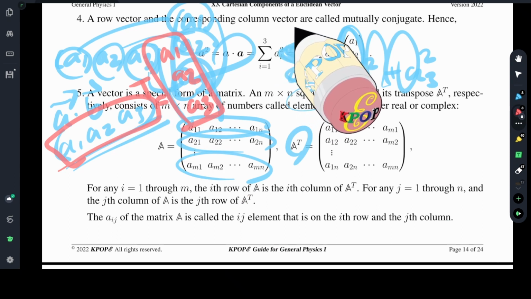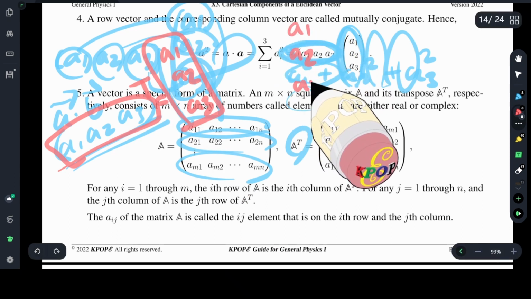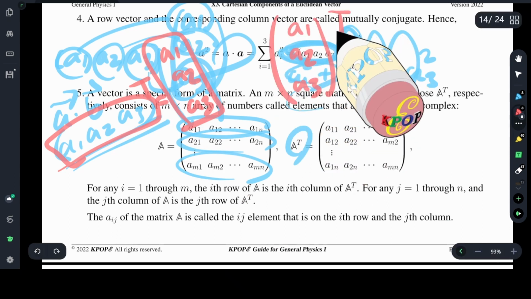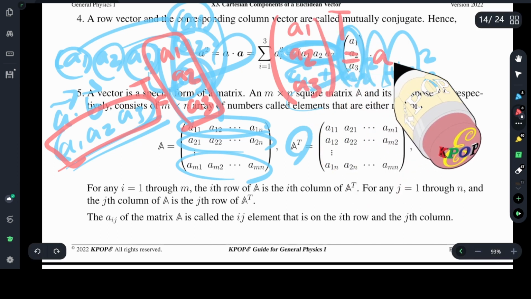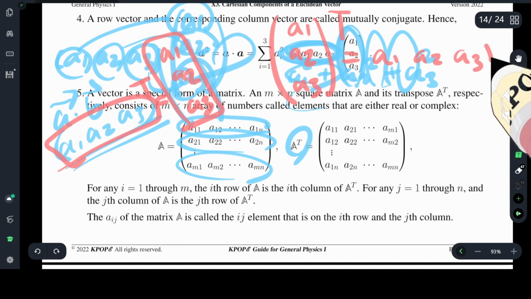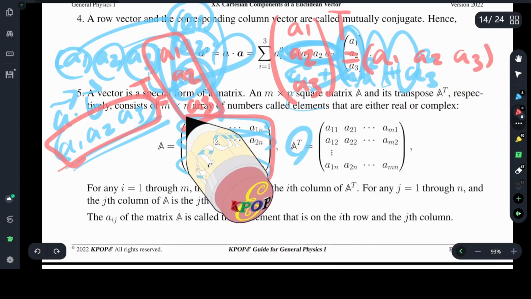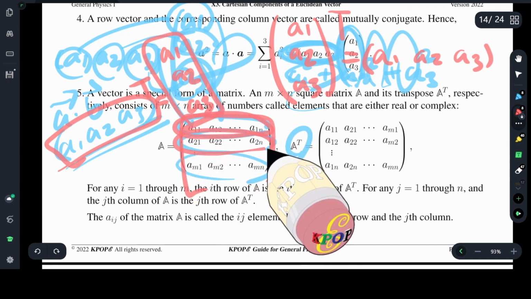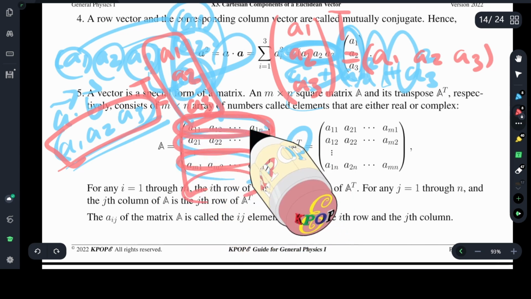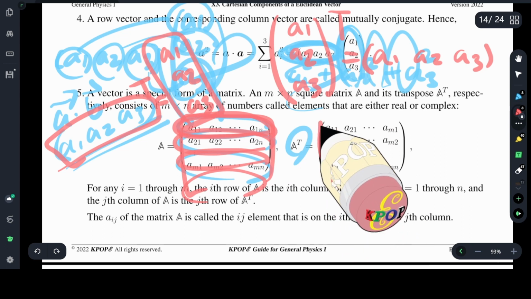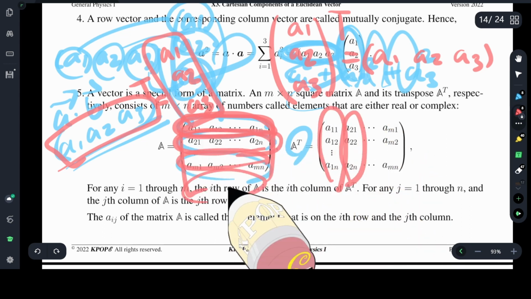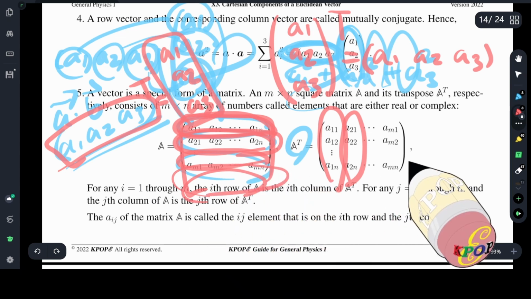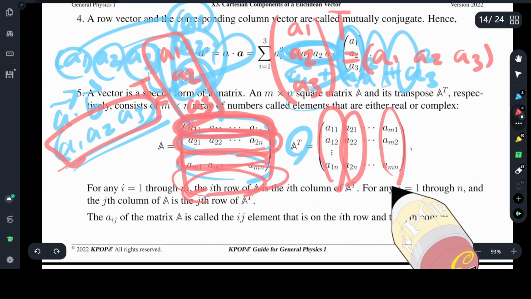In the opposite way, for the column A1, A2, A3, I take the transpose and transform this column into a row. So if I take the transpose, every row becomes a column. The first row becomes the first column, the second row becomes the second column, and the last row becomes the last column.